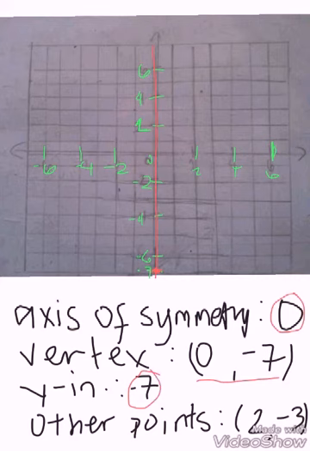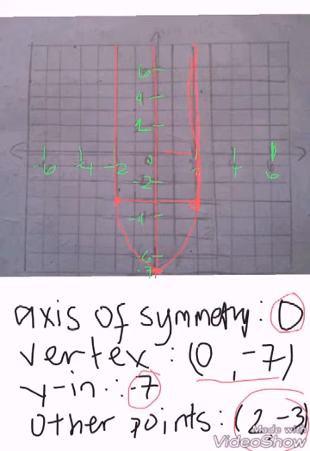And the other point is positive 2, so 1, 2, and then go down 3. 1, 2, 3. So here we're going here. And then we're just going to reflect it by 1, 2, and then 1, 2. So here. So this is our parabola.